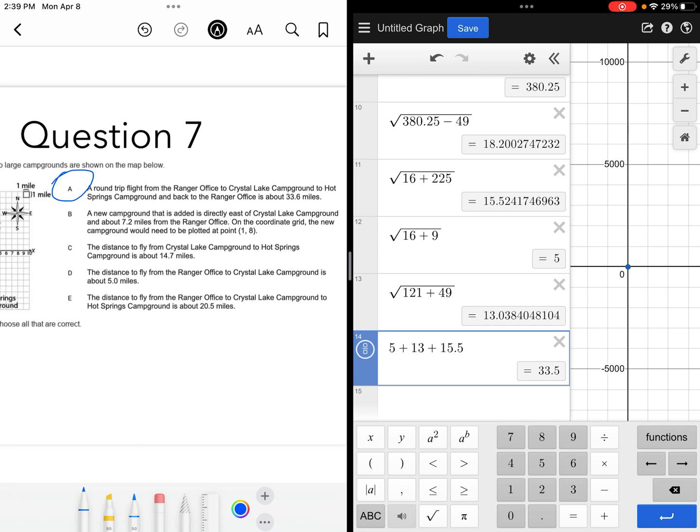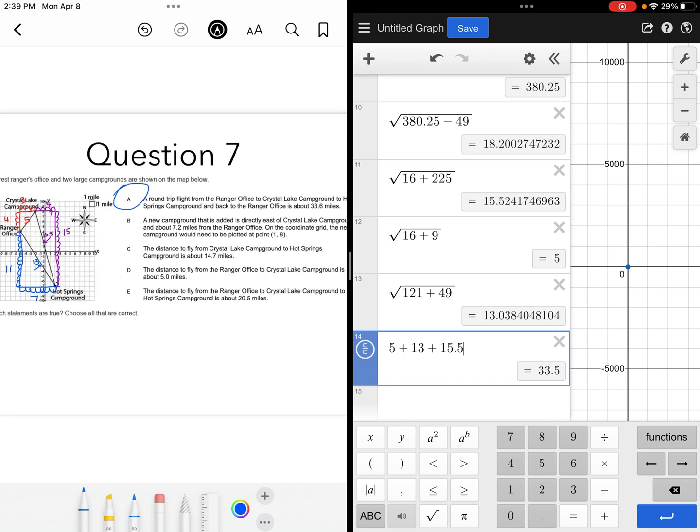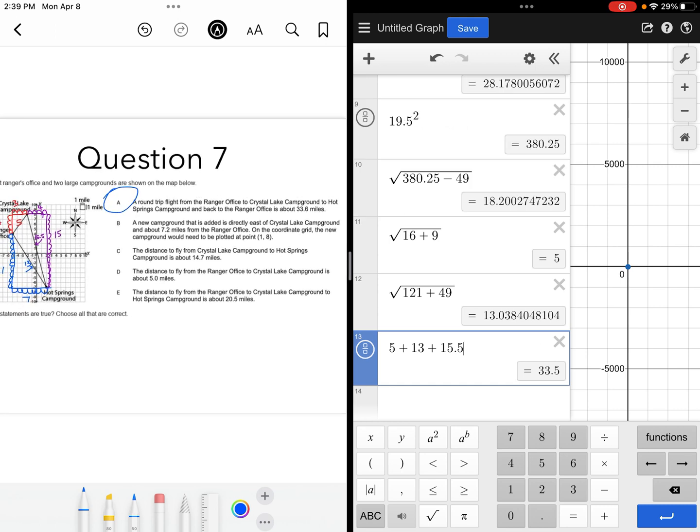The new campground that's added directly east of the Crystal Lake campground, and it's about 7.2 miles from the ranger's office. Would be 1/8.